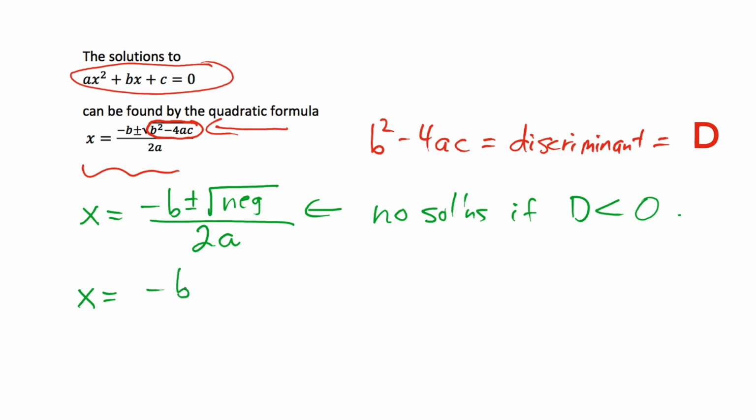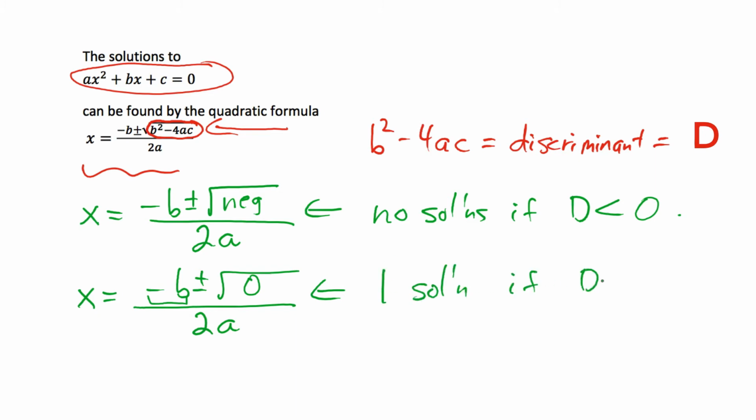If we had our quadratic formula set up and we ended up with a 0 under the square root sign, a discriminant of 0, we would know that there would be one solution because we would have -b plus 0 and -b minus 0, which would be the same solution. So we would have one solution if the discriminant was 0.